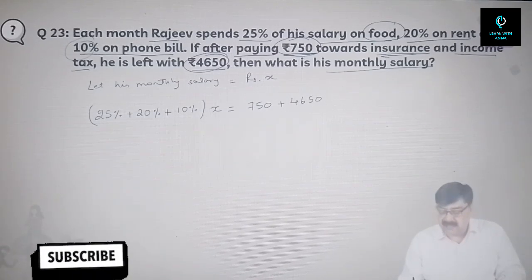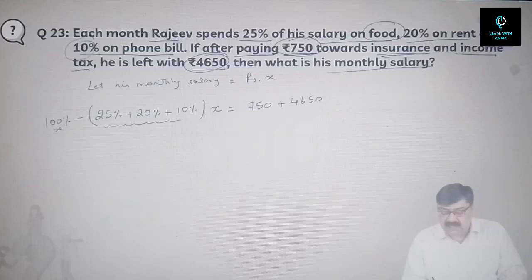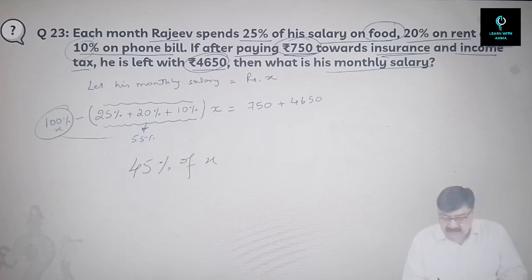And what is his monthly salary? So savings plus insurance and income tax, that should be out of 100% of X. His expenditures should be reduced. So that is 100% minus, how much does this work out to be? 25 plus 20 plus 10, that is 55%. So that means 45% of X. How 45%? 100% minus 55%.